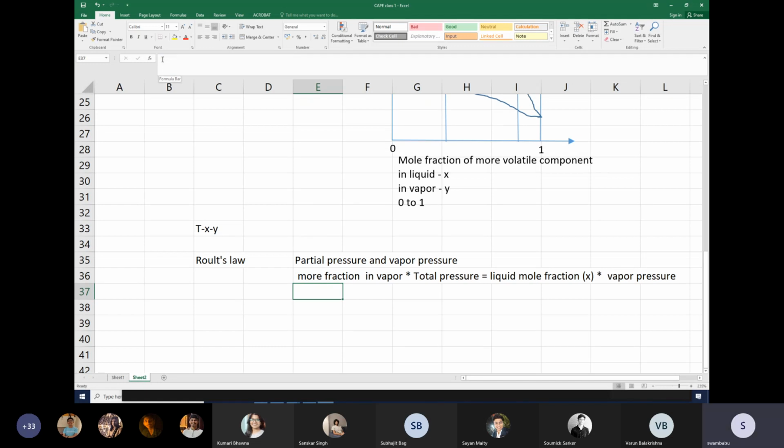Now here we have Y. This is Y times P_T, total pressure, equal to X times P_sat, saturation pressure.